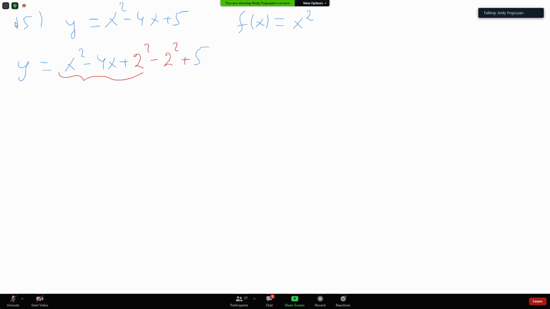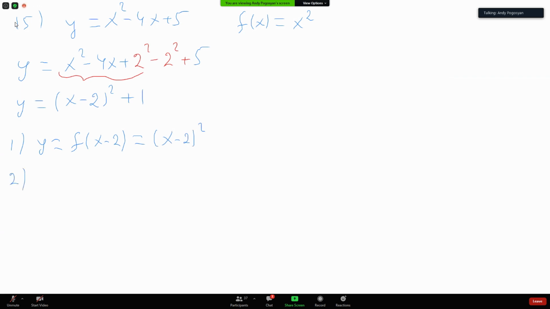So y equals x minus 2 squared. Now negative 4 plus 5 becomes plus 1. Now, if f of x is x squared, first y equals f of x minus 2 becomes x minus 2 squared.